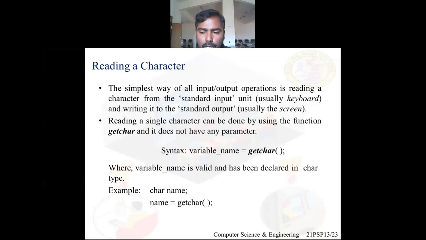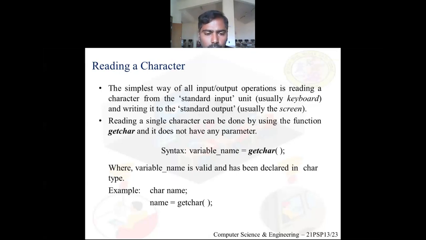It reserves 1 byte of memory, and that 1 byte of memory is identified, given a name, as name in this case. I repeat, char name reserves 1 byte of memory, and that memory location is identified as name.